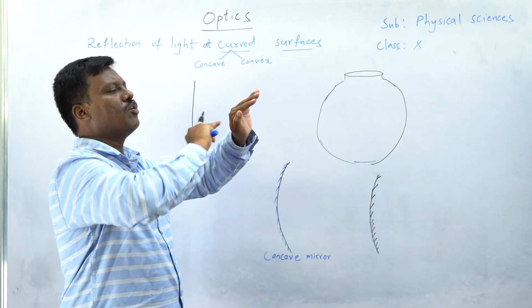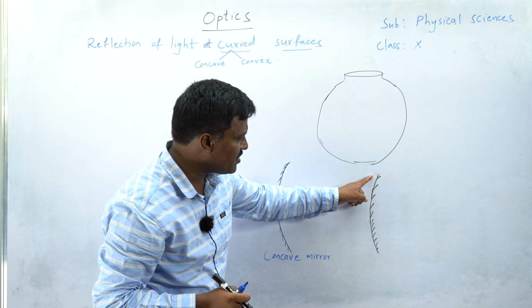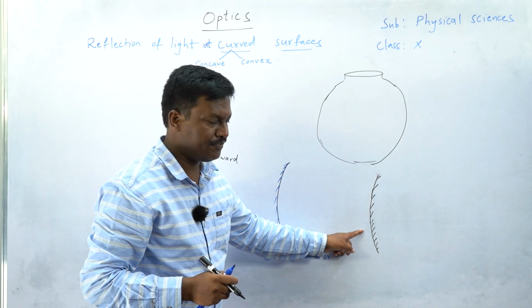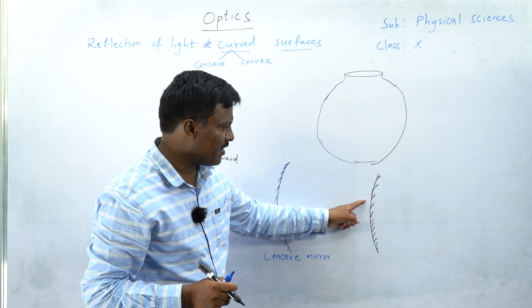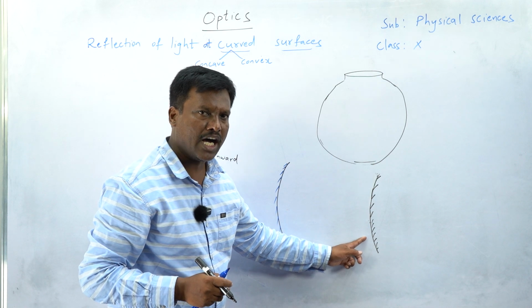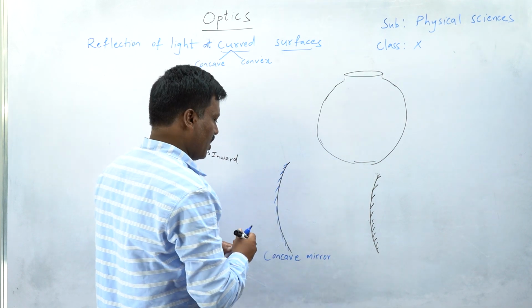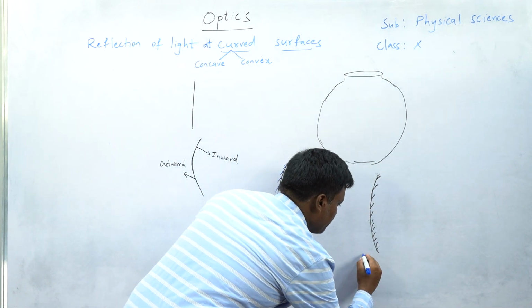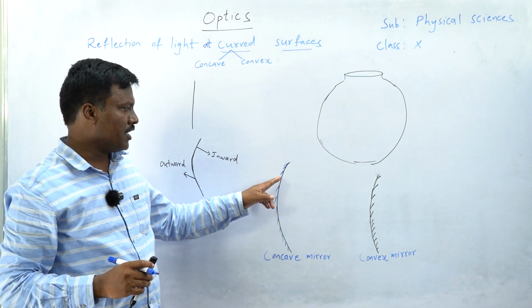How is this surface bent? Outside. So the reflecting surface of the mirror bent outside or outward, that is called a convex mirror.